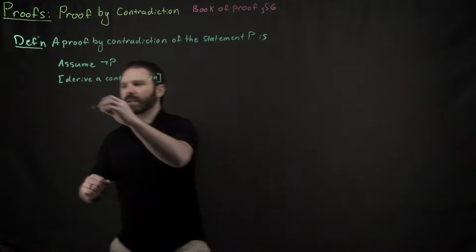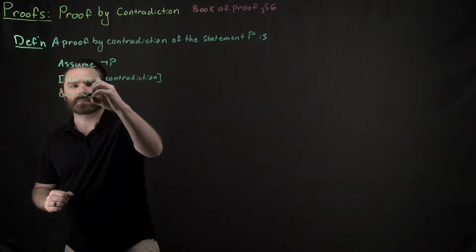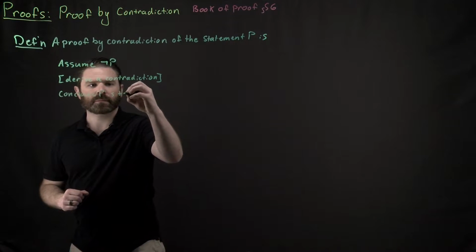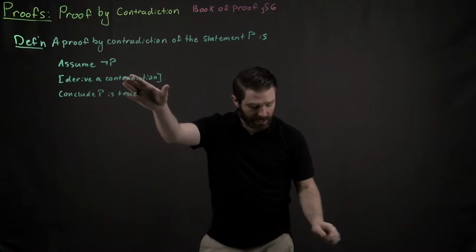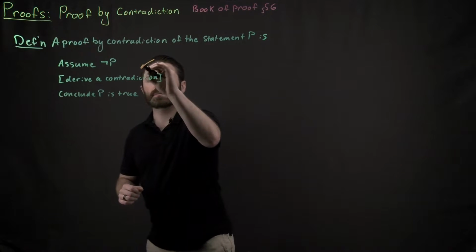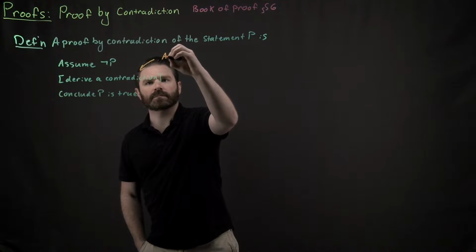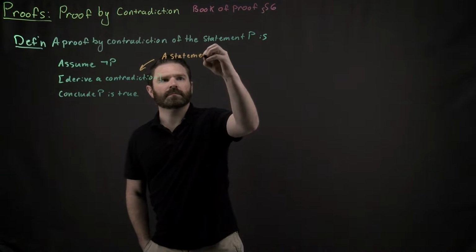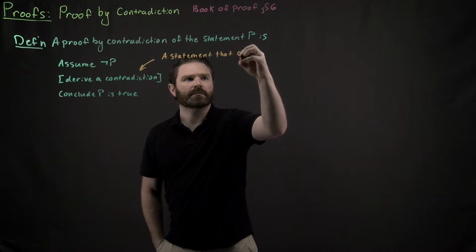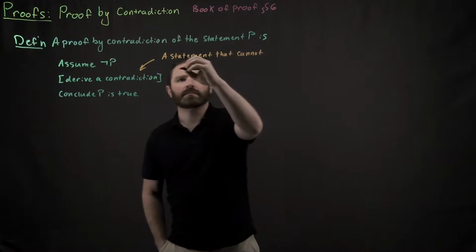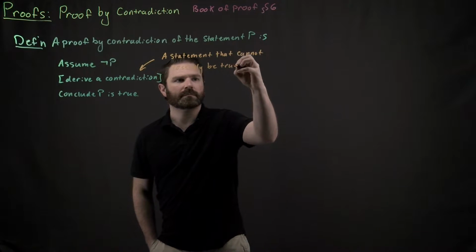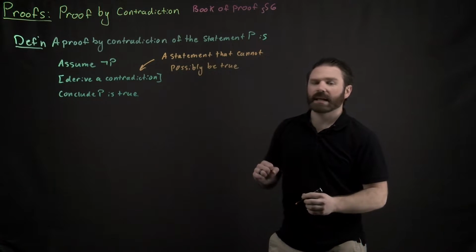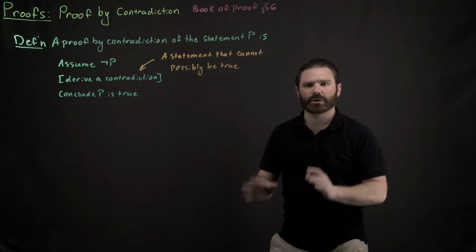And after that, we can conclude that P is true. So what is a contradiction? It's any sort of statement that can't possibly be true.